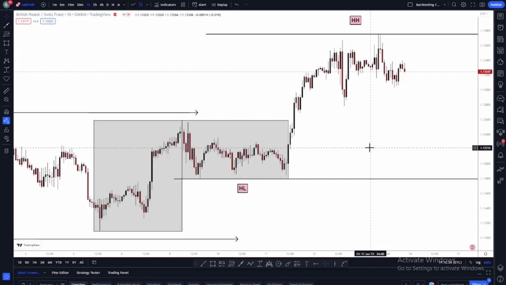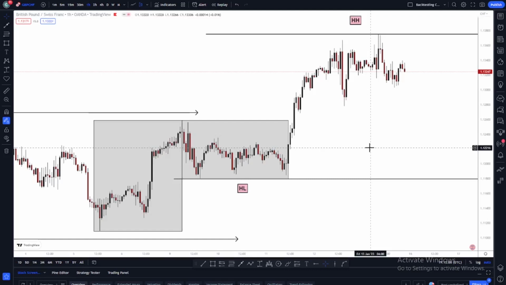But from my experience, looking at the way price was trending sideways, I could see a pennant chart pattern form.